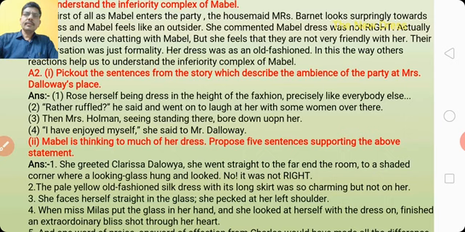Number two, a rather ruffled, he said and went to laugh at her with some women over there. Number three, then Mrs. Holman, seeing her standing there, bore down upon her. Number four, I have enjoyed myself, she said to Mrs. Dalloway.